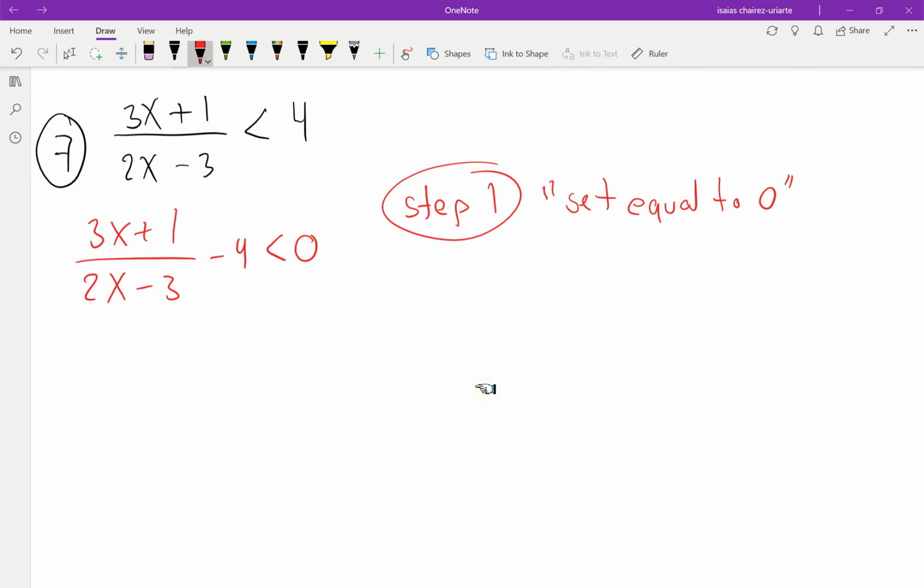I need to do the arithmetic of the left part of this inequality. I need to subtract these fractions. I need a common denominator. And I think the common denominator is just the denominator of this fraction, 2x minus 3. So what that means is that I need to change my 4 to a fraction whose denominator is 2x minus 3.